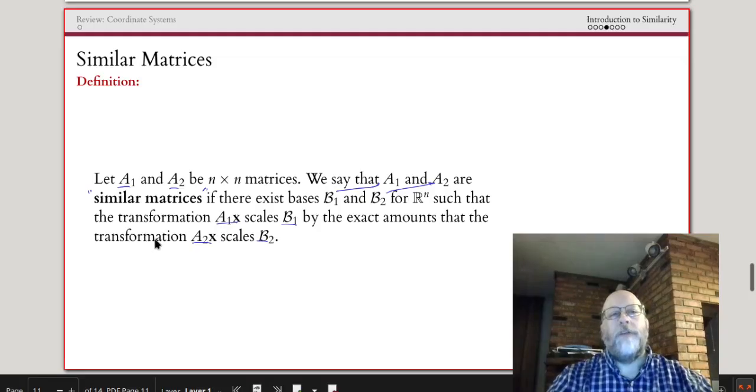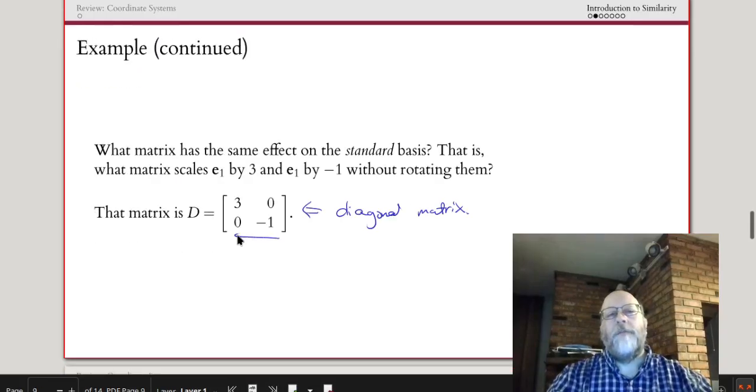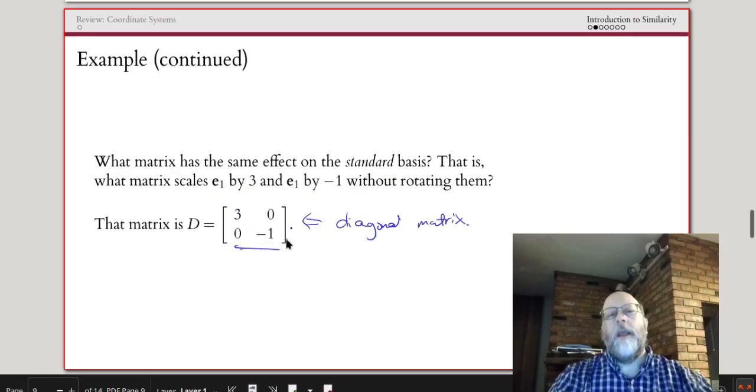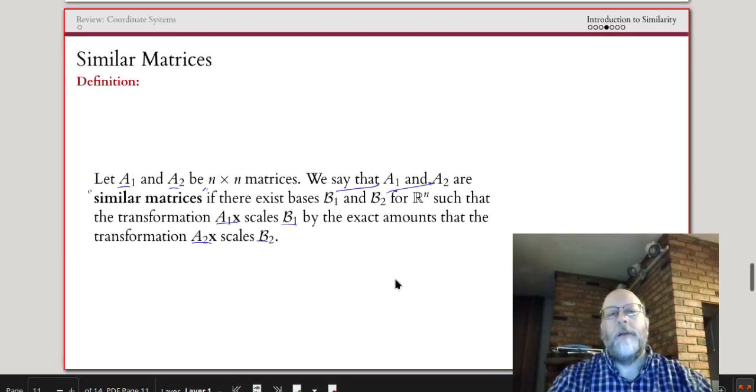In other words, this matrix here is similar to this matrix because this matrix scales the alternate basis by 3 and -1, and this matrix scales the standard basis by 3 and -1. And so we have found an example of similar matrices.